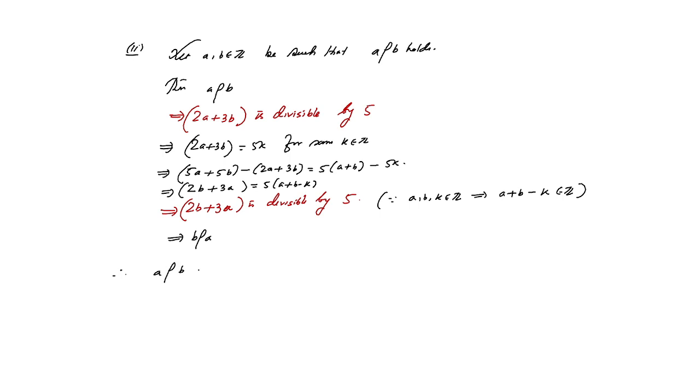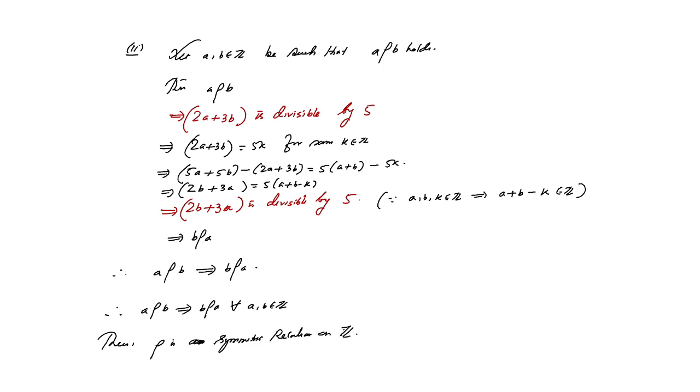We proved A rho B implies B rho A. Since A, B are arbitrary, we can write A rho B implies B rho A for all A, B belonging to Z. And hence rho is a symmetric relation on Z.